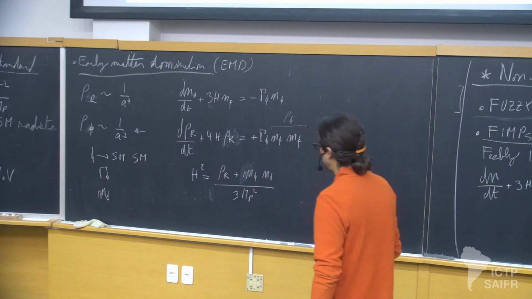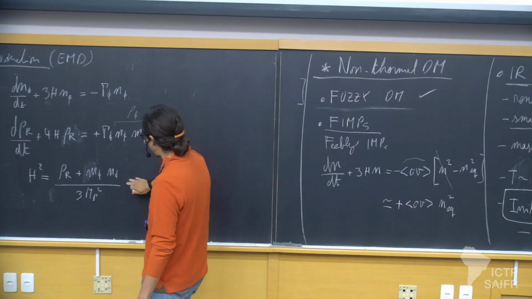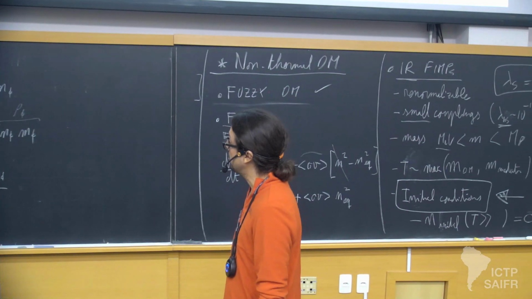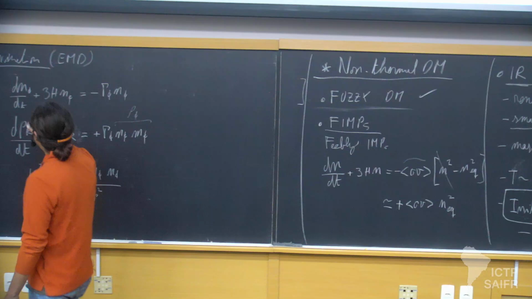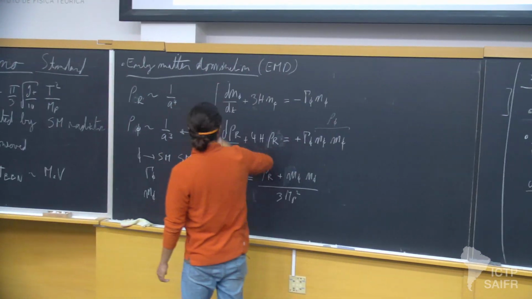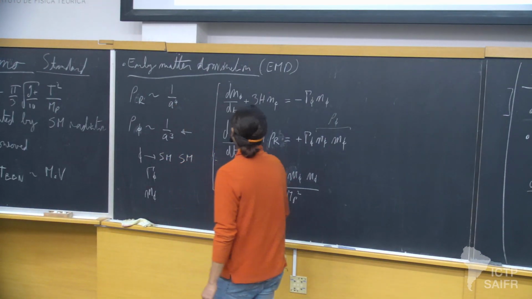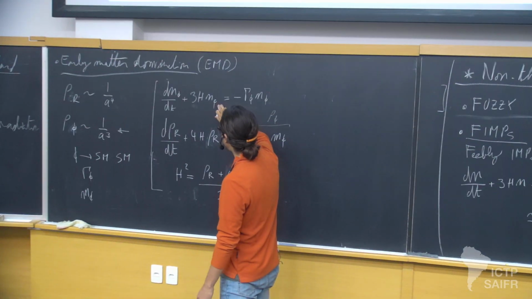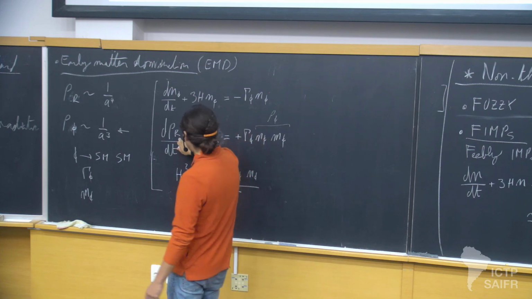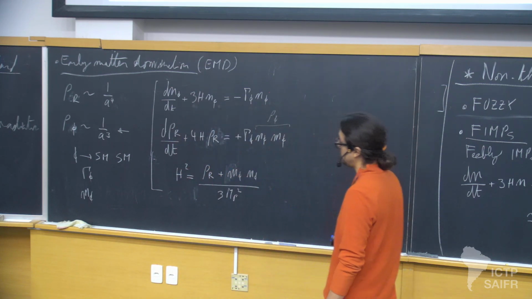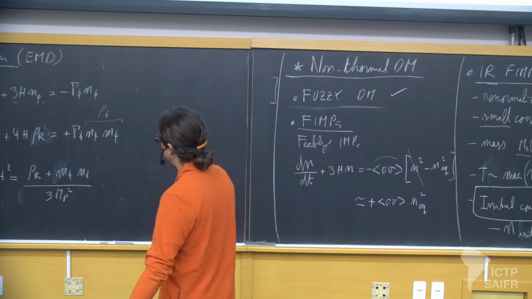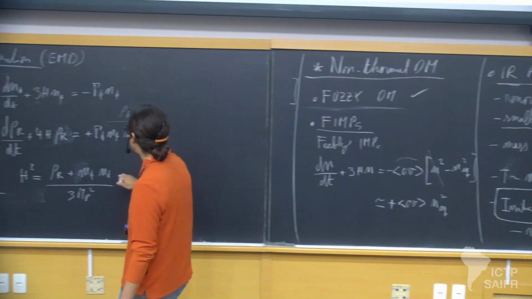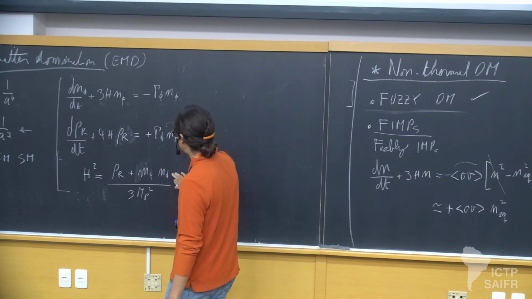This is the Friedmann equation. You could also put curvature or a cosmological constant, but at these stages it is completely subdominant. So these three equations give you the evolution of the background: how the number density of this guy is evolving, how the energy density of radiation is evolving, and how the universe is expanding. And the important thing is that this guy could naturally dominate at some point if it's long-lived enough.